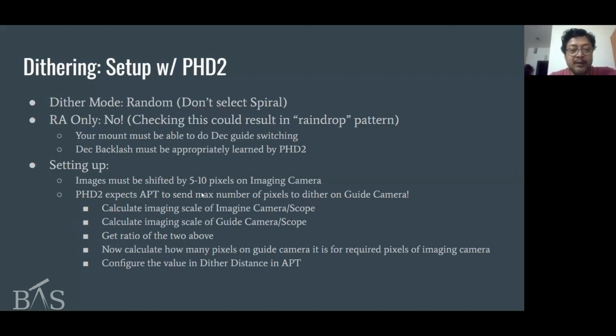So you need to convert this 5 to 10 pixels, let's say 5 pixels that I want to dither on the imaging camera, to how many pixels it is on the guide camera, and configure the same in APT or whichever program you're using for dithering or your imaging control. I'll show you the example there. You basically calculate the image scale again, just like you calculated just now, find the ratio between the two, and convert these 5 pixels to how many pixels on the guide camera. That is the value you would configure in APT.